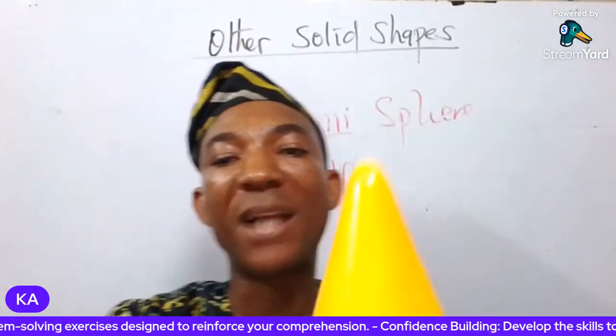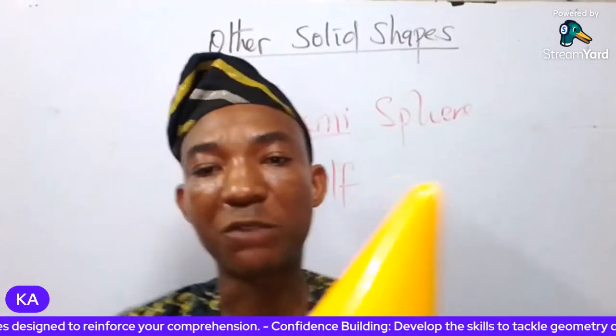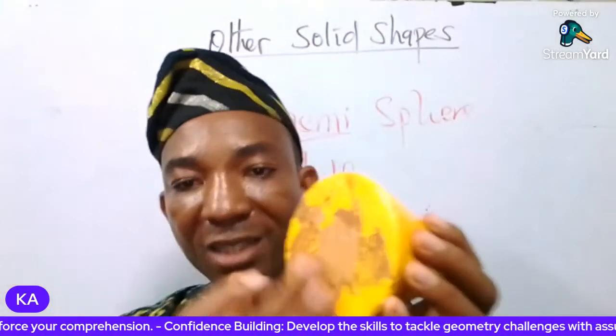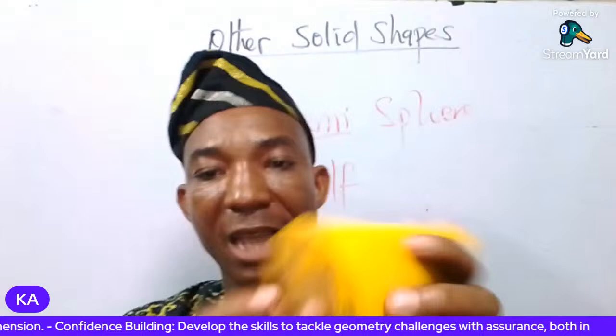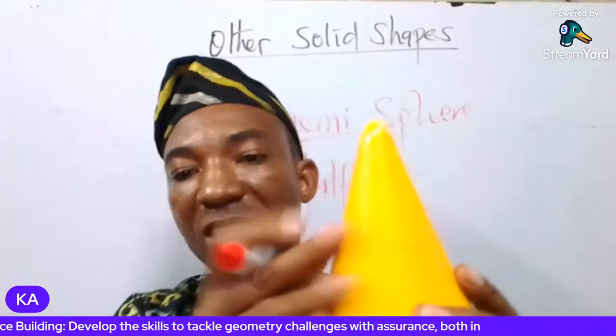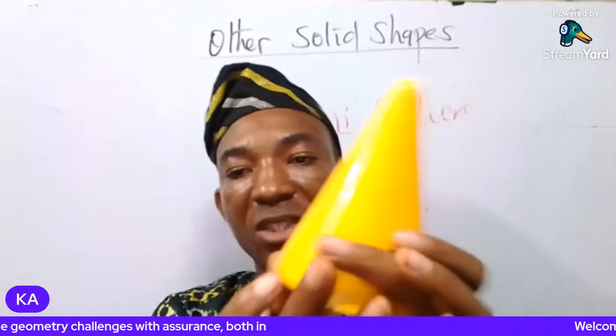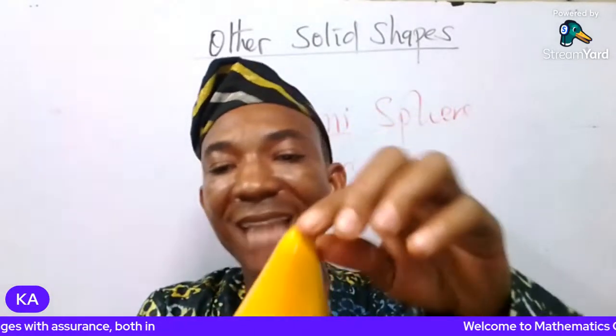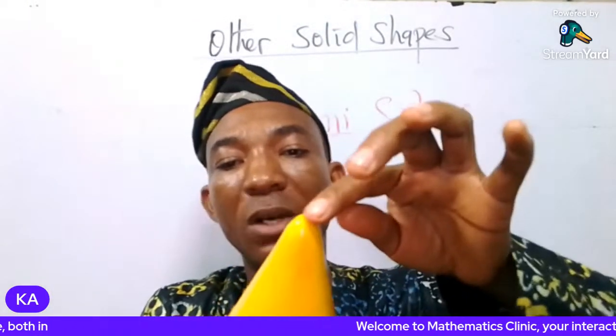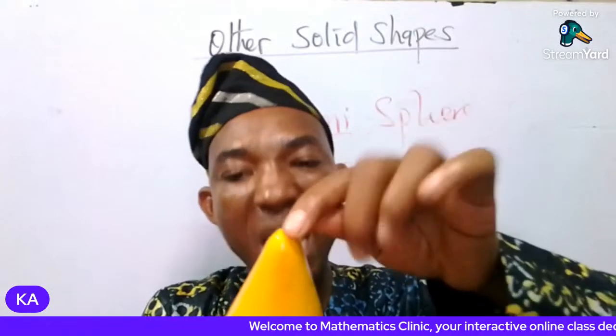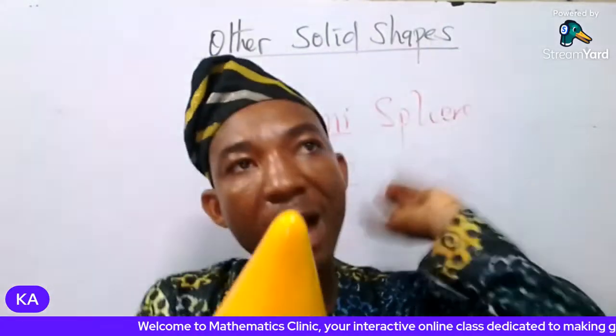So what other properties of a cone can we talk about? I've talked about the flat surface that looks like a circle. The curved surface, can you see it now? It starts from the circle base. And it has what we call a tip, which we call apex, just like that of our pyramid.